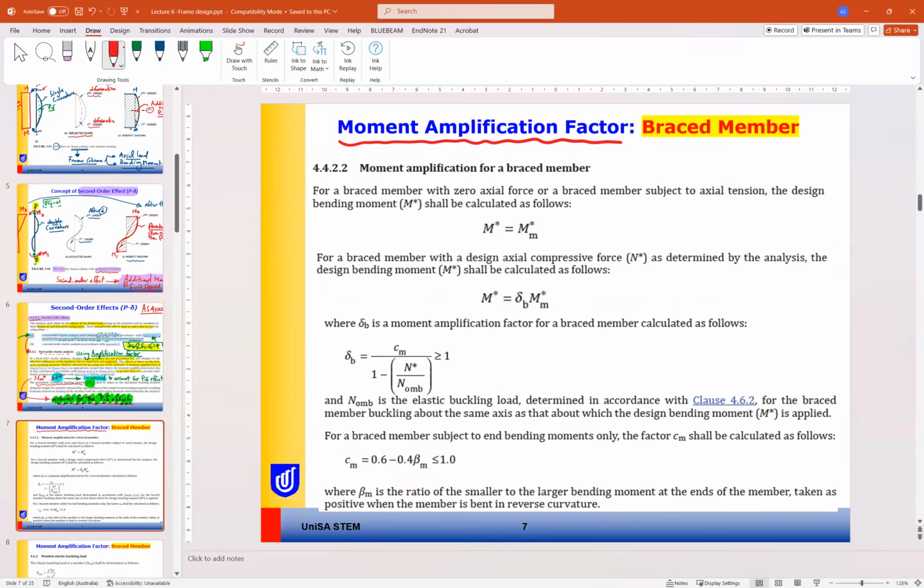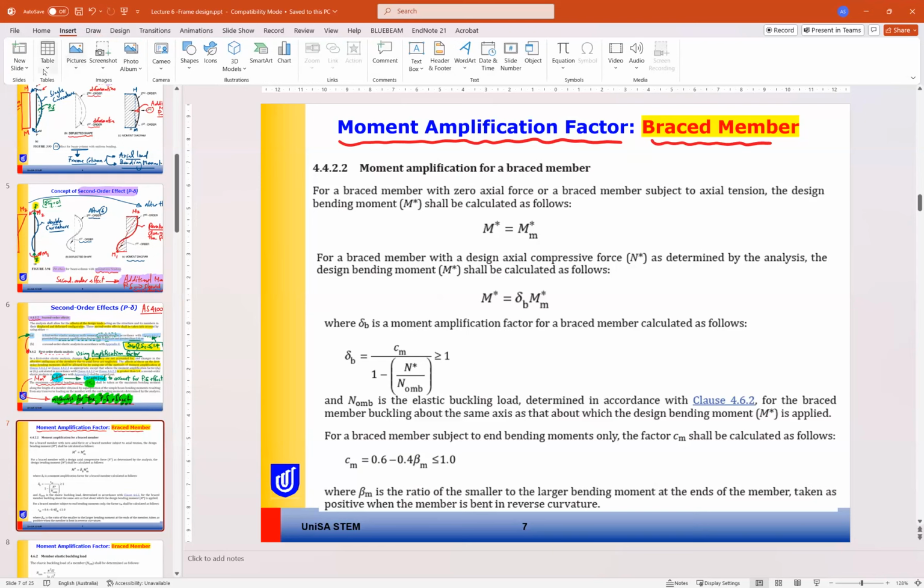So we have two types of members, braced columns and sway columns.